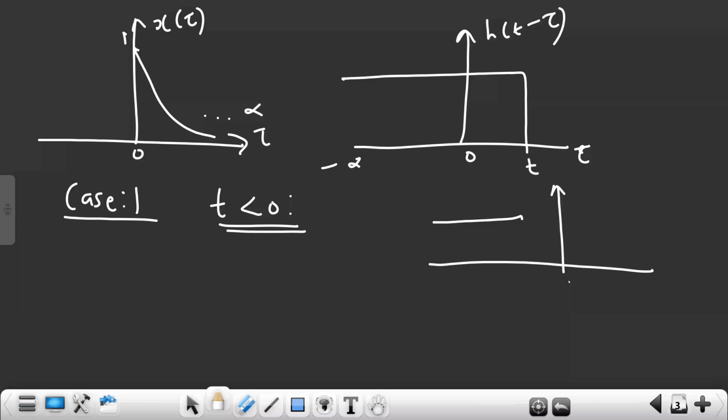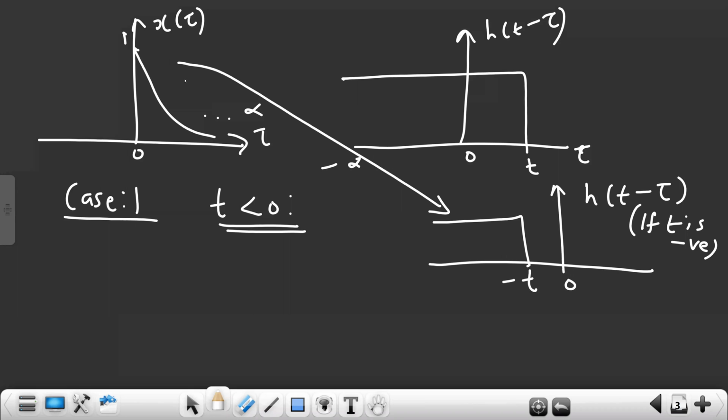Okay, so this will be your h of t minus tau if t is negative. Now you compare x of tau and h of t minus tau. You compare these two graphs. Is there any common interval where both the signals exist? No, right?